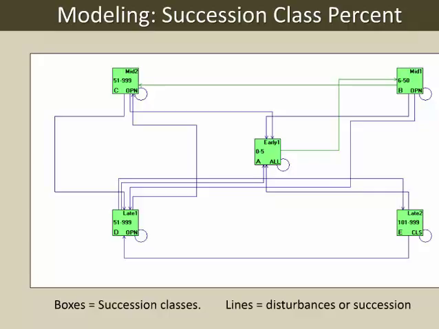That says how many years the succession class would last before it would transition to the next succession class if there was not a disturbance in that succession class. So class A would last 5 years and then succeed to class B if there wasn't some sort of fire or flooding or BIVRI in class A.